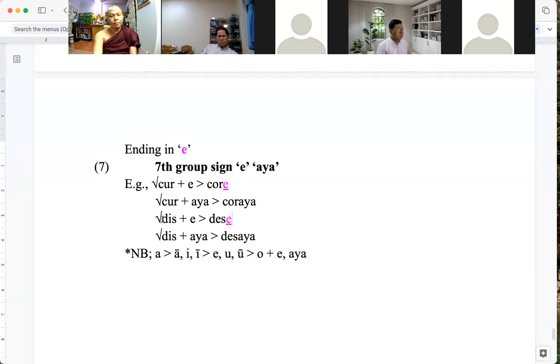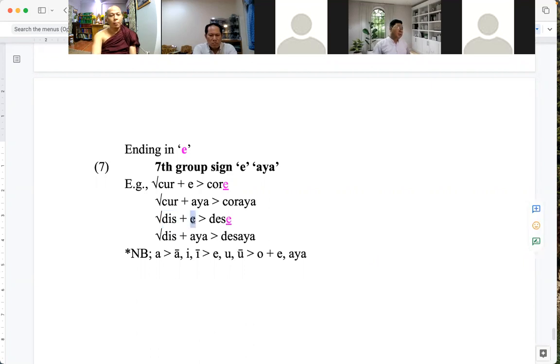And deeds. Root deeds means to expound or to preach. To expound or to preach Dhamma talk. To expound the Dhamma, to preach the Dhamma, like that.